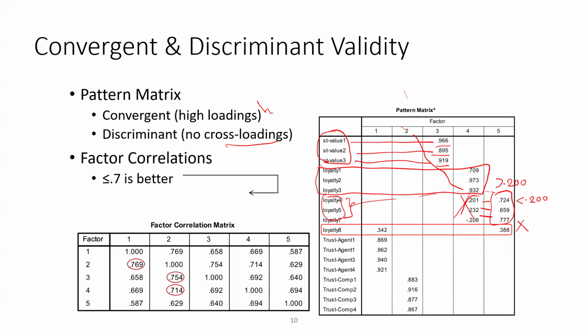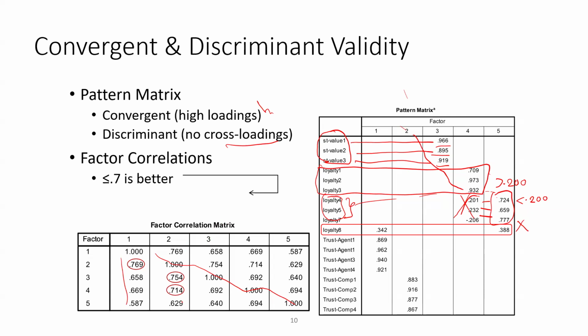Also, look at the interfactor correlation, or inter-component correlation matrix. You can look at the bottom part or the upper part diagonally, it is the same thing. If the correlation between the factors is greater than 0.7, that means we have a discriminant problem. That is not a good thing for us. So the correlation is required to be less than 0.7.